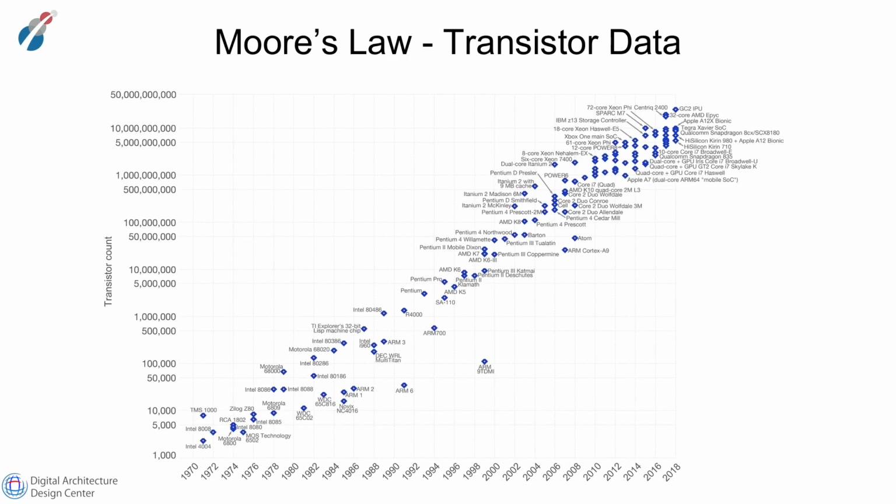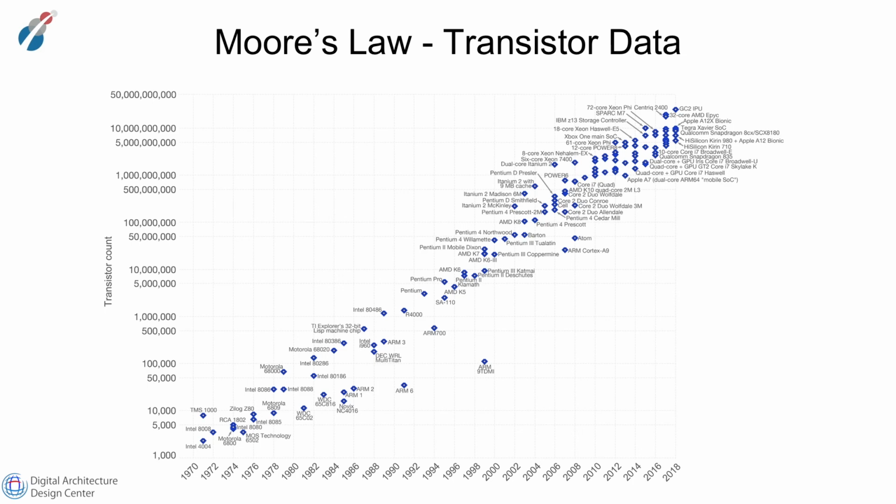Another model besides the S-curve is Moore's law, very famous. Moore was actually one of the co-founders of Intel, and he wrote a paper in the 60s observing that the density of transistors doubled about every 18 months or so.